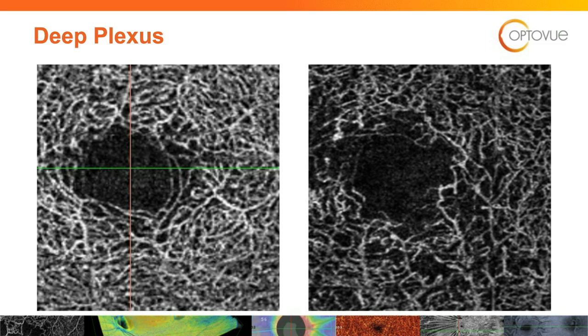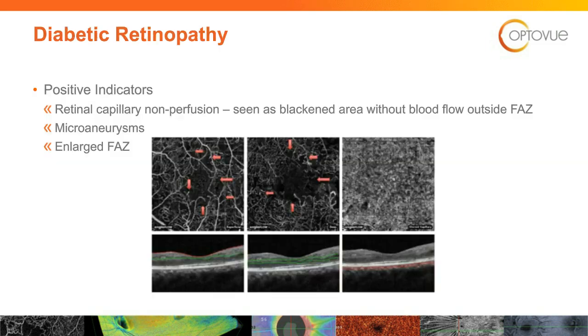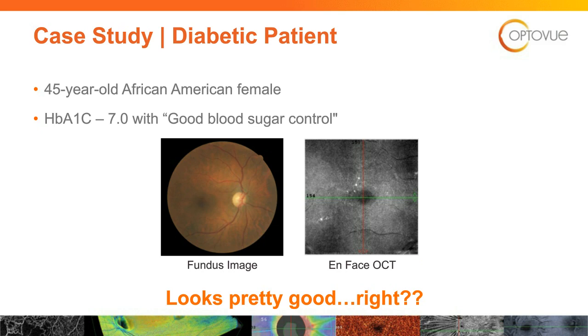So remember those indications. A quick case. I want to thank my good friend and colleague, Julie, for providing this. This is a diabetic patient, 45-year-old female, A1C 7.0. You take a look at the fundus, kind of a 30,000-foot view. Overall, it doesn't look bad. On-face OCT looks pretty good, correct?